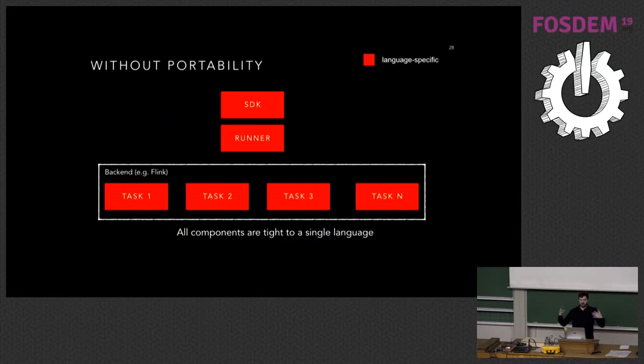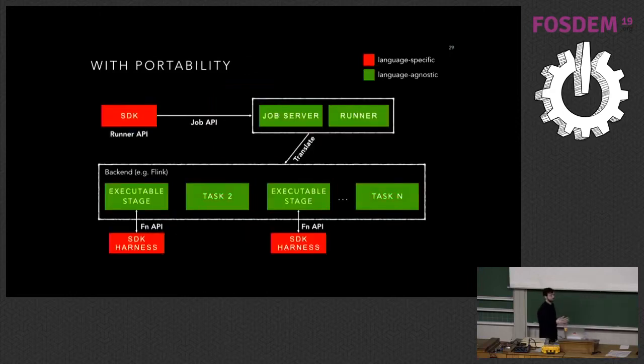So let me simplify this a lot. The old way was that we had the SDK and the runner, and an execution engine like Flink with a bunch of tasks, and all of these were in Java. That worked pretty well. The new way is a bit different. In the new way, we have the SDK here, which uses the runner API to produce this universal pipeline format. And then we have the job API, which is a way to send this pipeline to the job server.